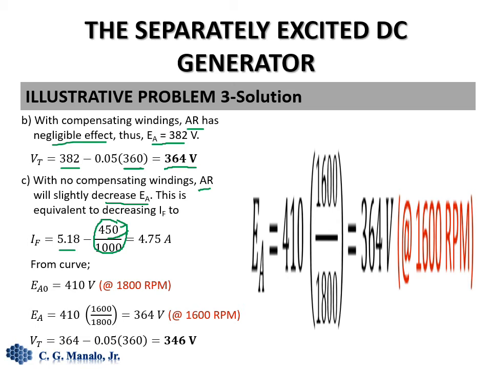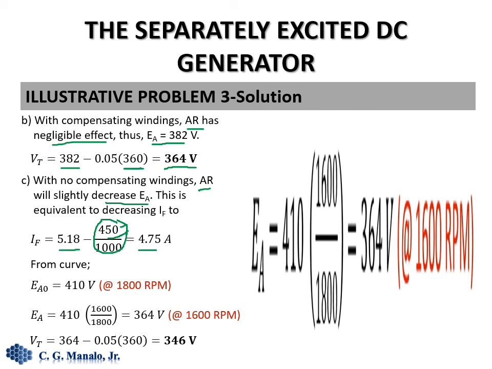And since there are 1000 turns in the field circuit, we divide that figure by 1000 and we should get something out of it. Then we subtract that result from our actual I sub f, and that will give us a lower value for I sub f.